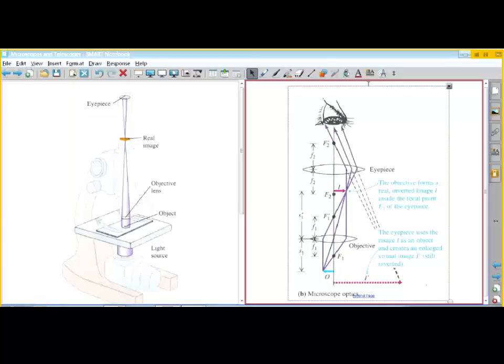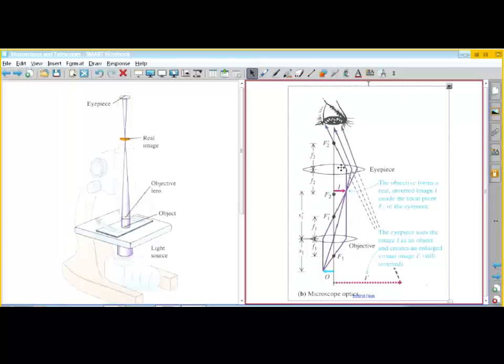So that goes to the focal point on the other side of the lens. You can go straight through the middle and it goes straight, or you can go through the focal point on this side of the lens, and then when it hits the lens, it goes straight. And all three of those intersect at this point. So you have an image. It's a real image because it's on the opposite side from the object. It's inverted.